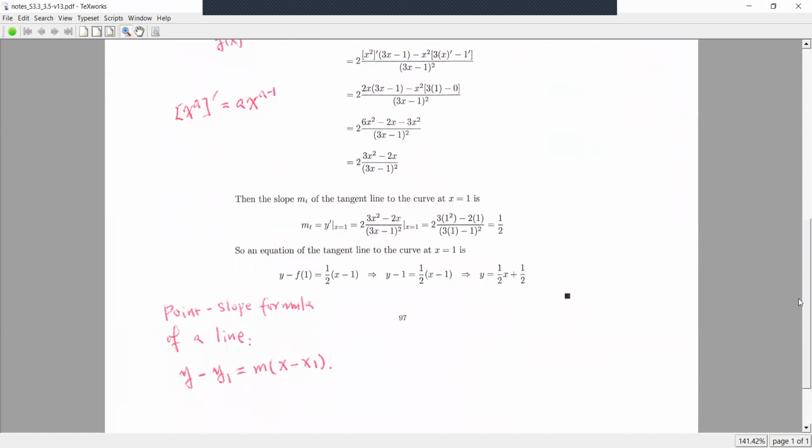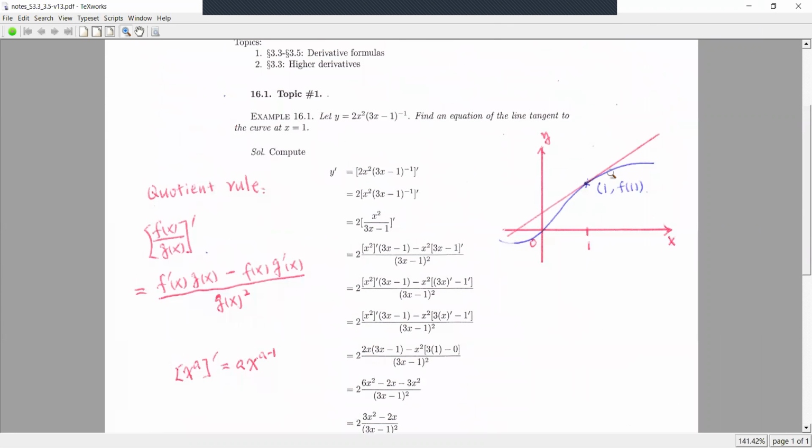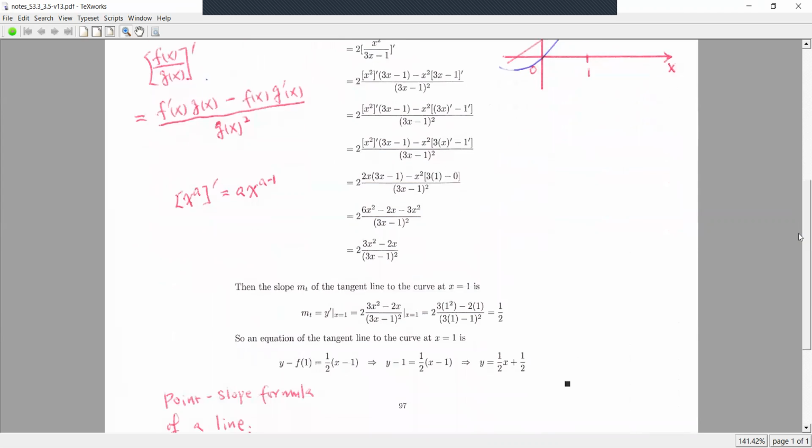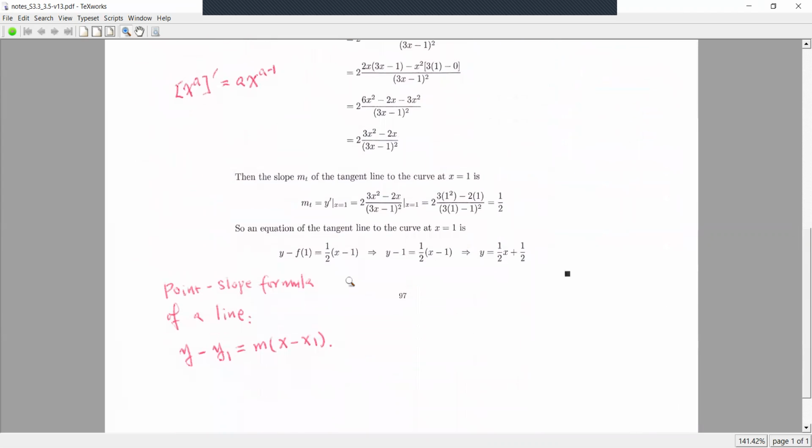Now, about this tangent line, we have the slope, which is 1/2. And also we have this point on the tangent line. This point is 1, function value at 1. The function value at 1 is 1. So with this point and the slope, we can write down the equation of the tangent line by point slope formula.